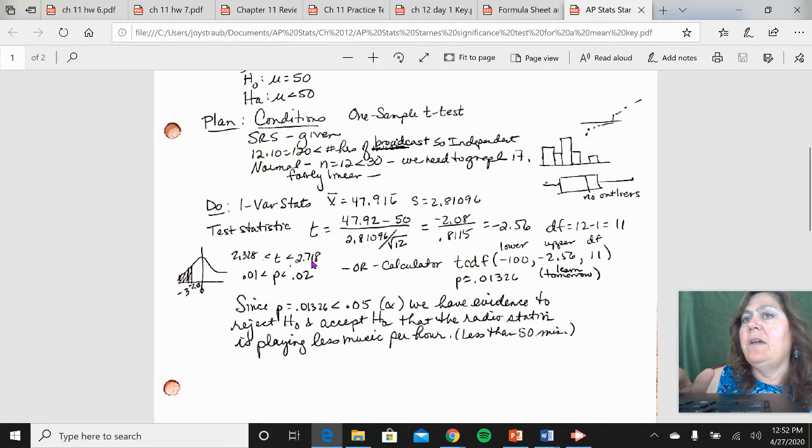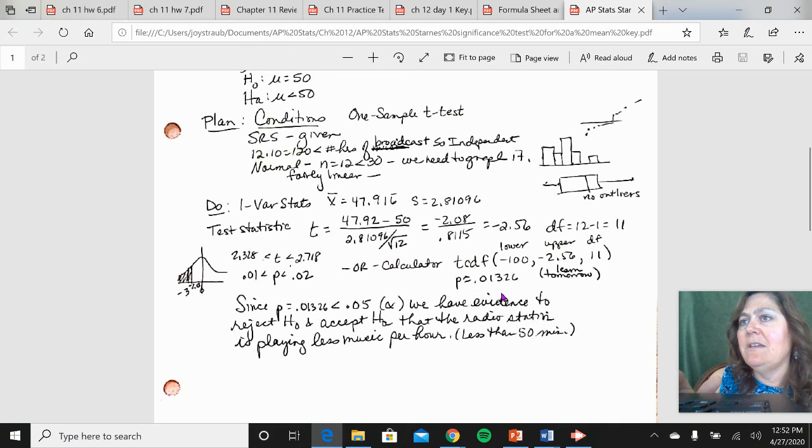You can also run, once you get your t, you can run this tcdf in the calculator. 100 standard deviations away is pretty close to infinity. Up to your t value will be your upper here, because I'm going from the negative side to the negative t for a df of 11.